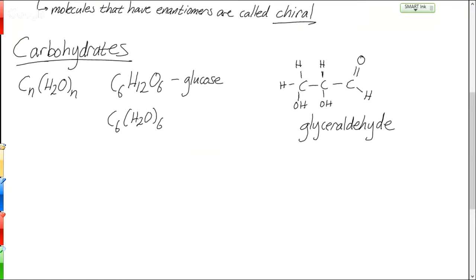So let's build that with our models. Use whatever colors you want. Let's leave the hydrogens off for now. So only put in the carbons, the black ones, and then use whatever color you want for the oxygens or the OHs.